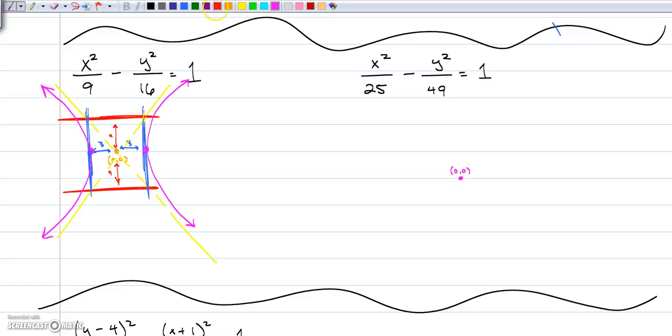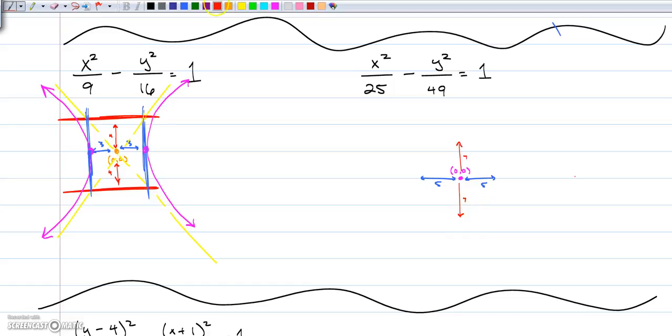From there, I'm going to go sideways 5, in the positive and the negative direction. Going up and down 7 this time. Why is it 7? It's got to be 7 because that's the square root of 49.